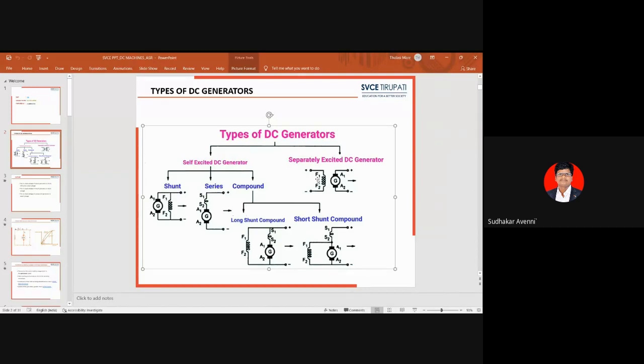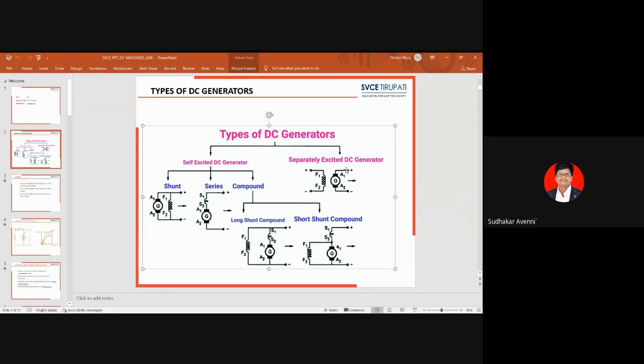There are two basic differences between separately excited and self-excited generators. In self-excited generators, there is no separate DC supply for the field winding. The armature itself is provided as a supply to the field winding. Then it is a self-excited generator.